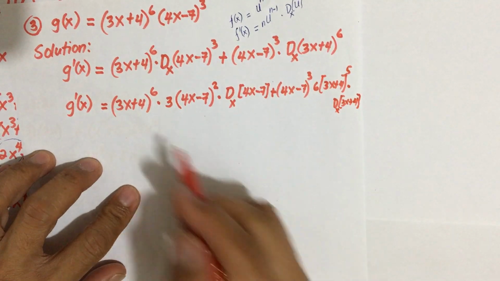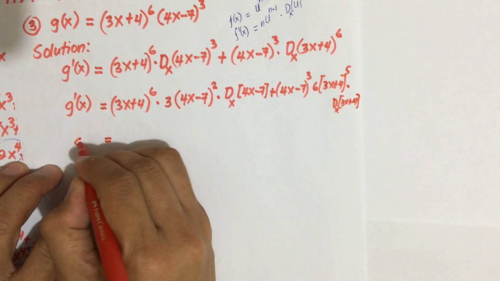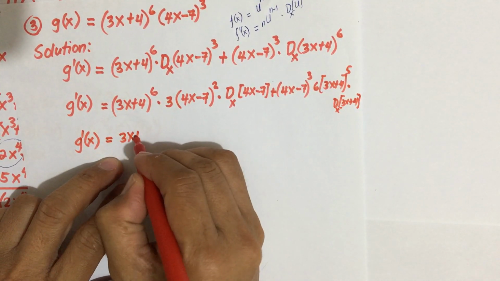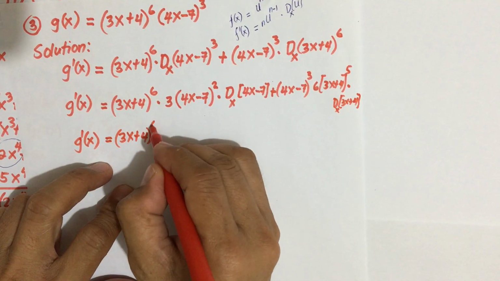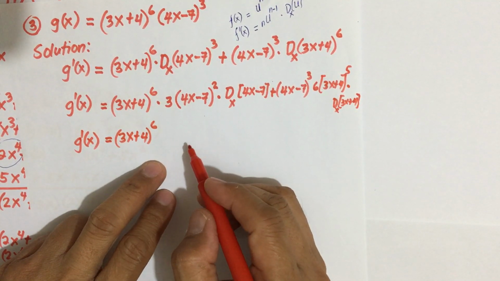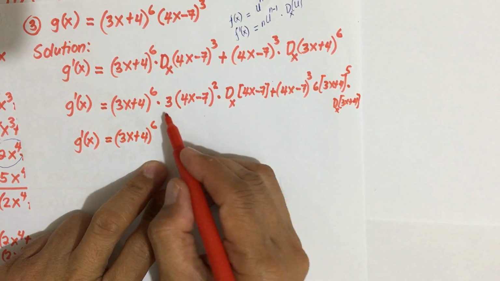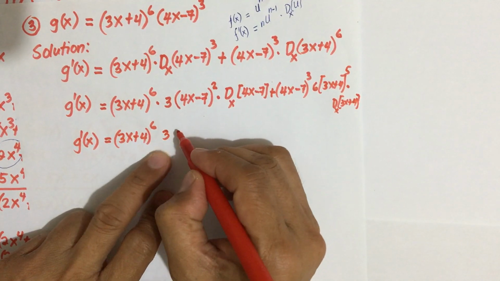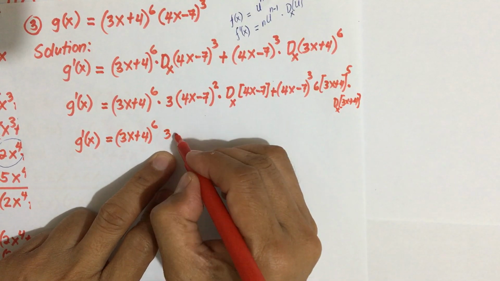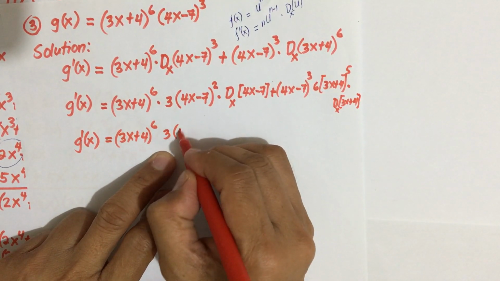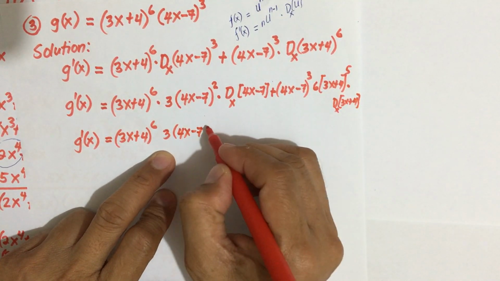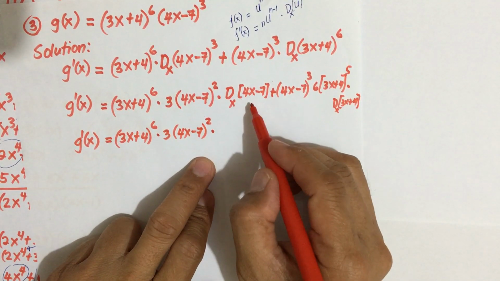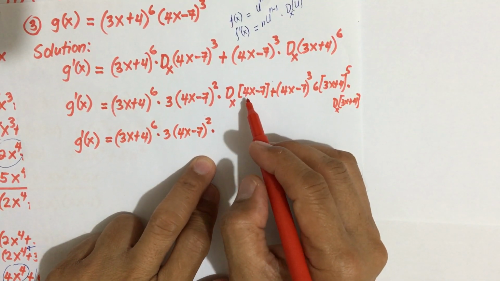Okay, so equal to, simplifying, we have 3x plus 4 raised to power 6, so we have 3 times 4x minus 7 raised to power 2 times the derivative of this, so we apply the sum rule or the difference rule.